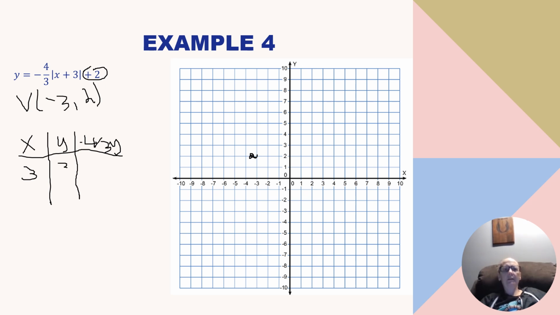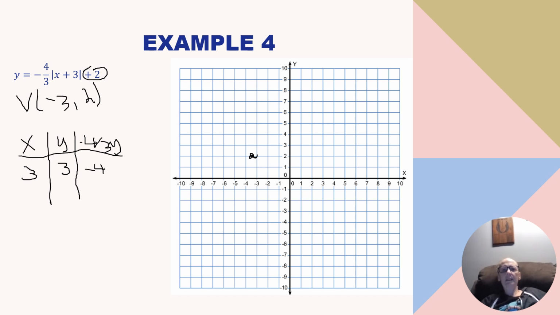For the absolute value of x, it would be 3. And then I multiply that by -4/3, and the 3's cancel each other, and I'm just left with -4. So that means for every left and right 3, I go down 4. So you can just use that pattern from each consecutive dot. It's a lot easier than plotting 2.